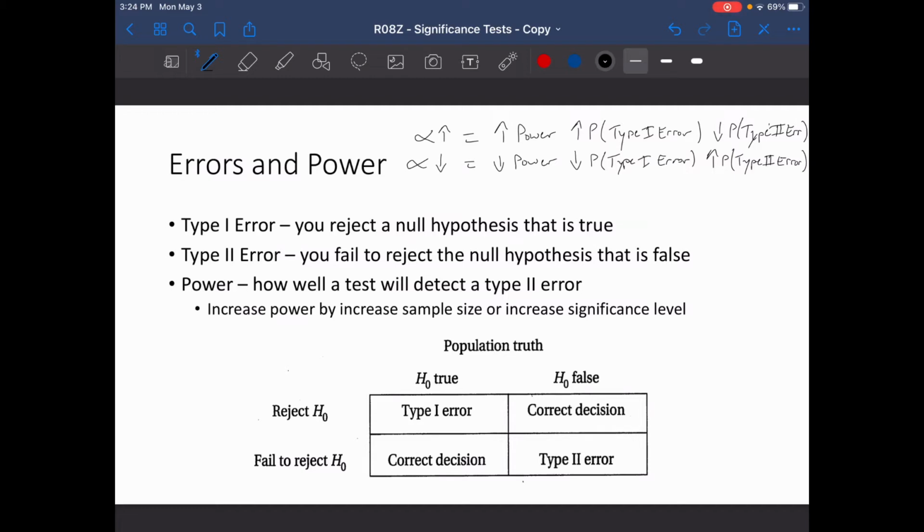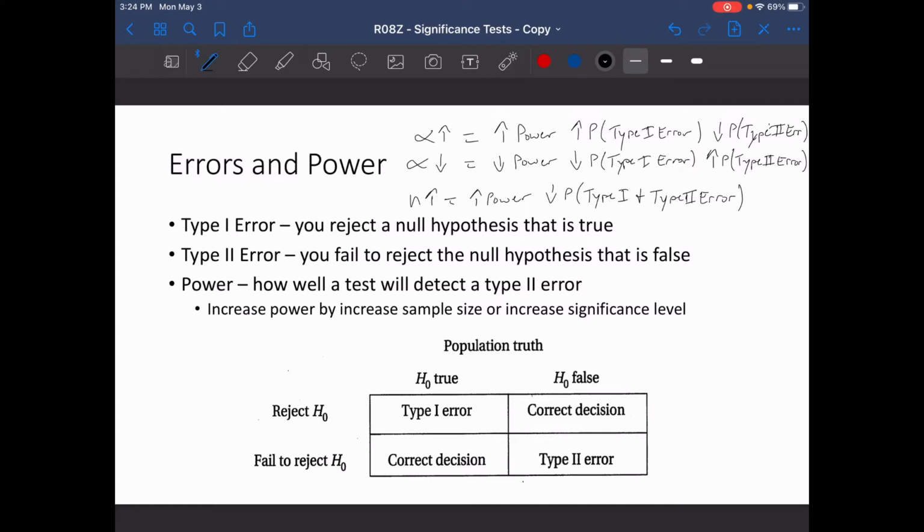Okay? However, if you increase sample size, what that's going to do is it's going to increase your power as well as decrease both probabilities of a type 1 and type 2 error.